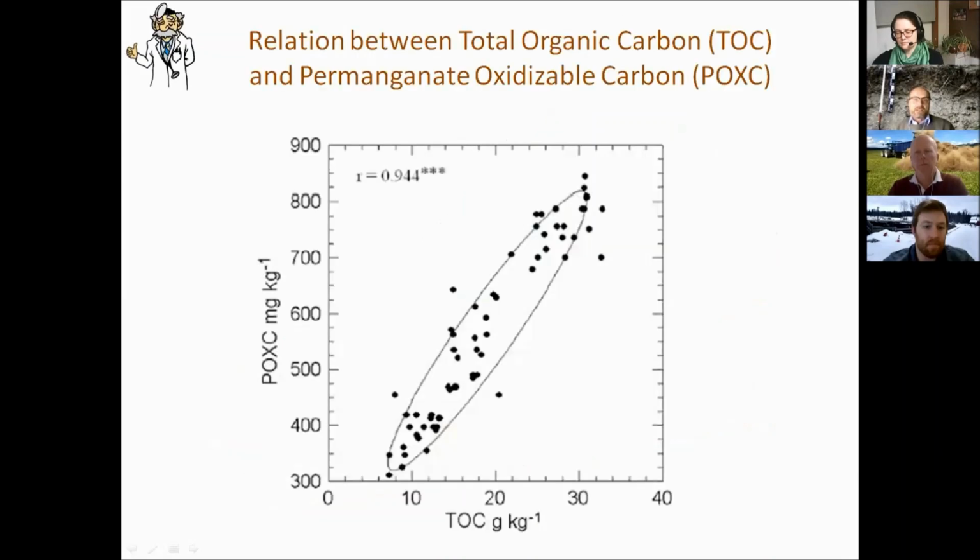Another example is a strong relationship between permanganate oxidizable carbon, which is a mouthful to describe active carbon, and total organic carbon. Now, we can easily calculate the total organic carbon from the soil organic matter just by dividing by 2. So this is not a sensational finding, right?